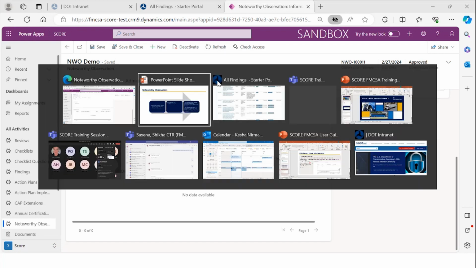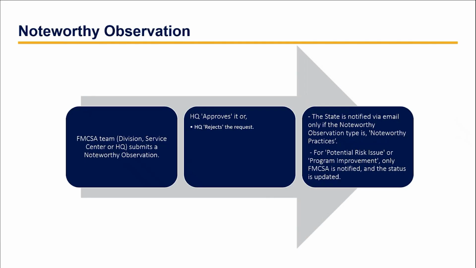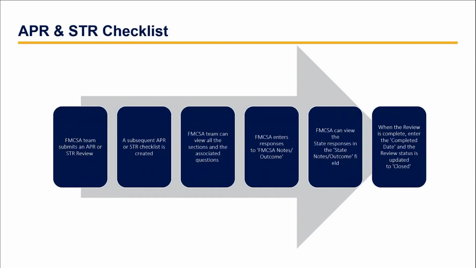Okay, so next is the APR and STR checklist. The process for this is: the FMCSA team submits an APR or STR review, and once you submit that APR or STR, a subsequent checklist gets created.